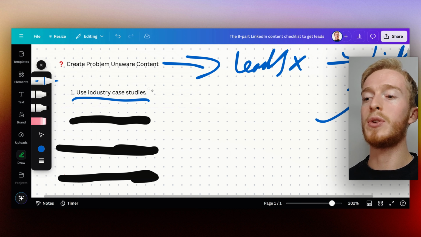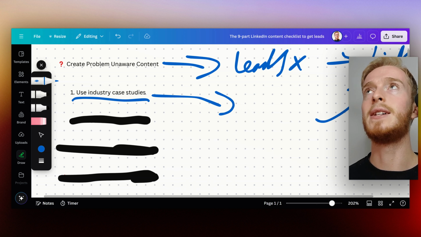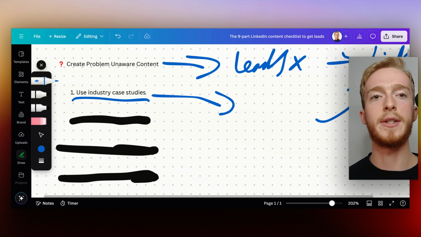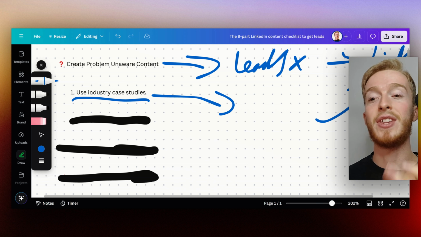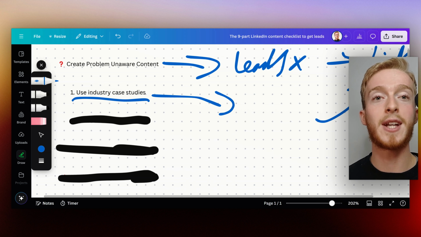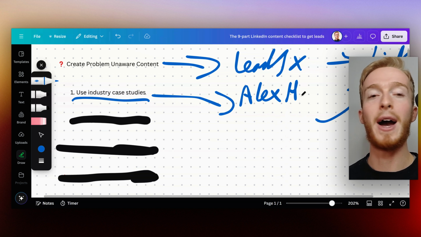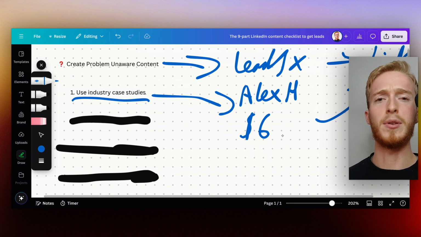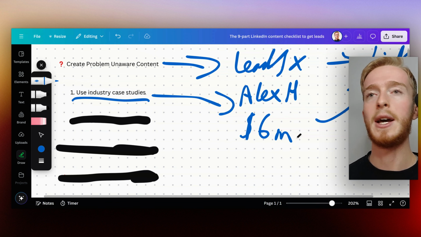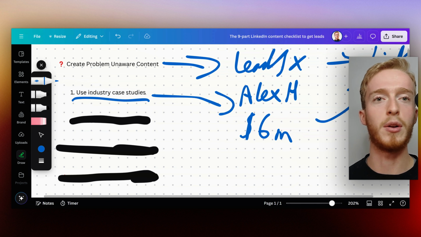So why do we use industry case studies? The reason is that it helps your ideal clients to identify and see it working, seeing that this is possible. One of the content examples I did was of Alex Hormozi, of when I think he had invested something like $6 million into content, and I think he had made like $12 or $13 million off of it.